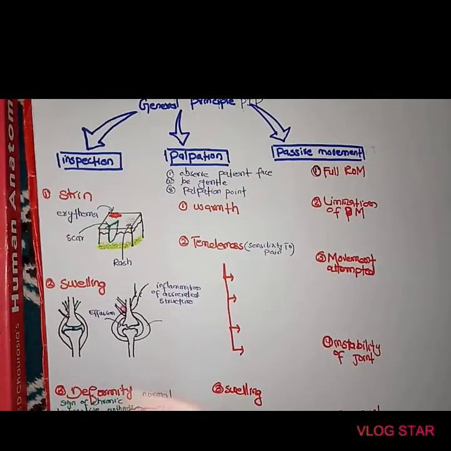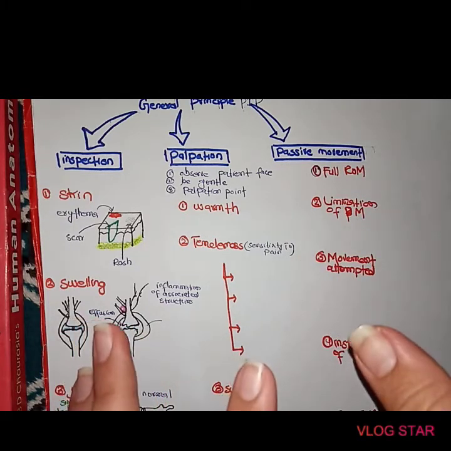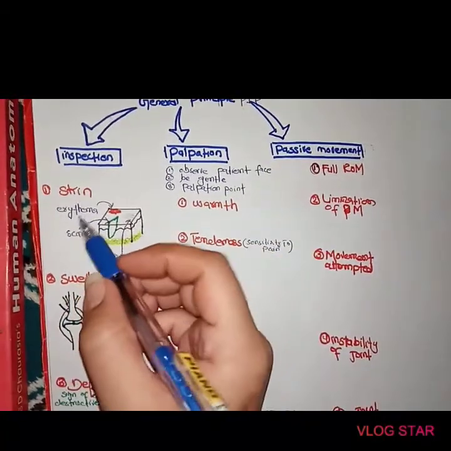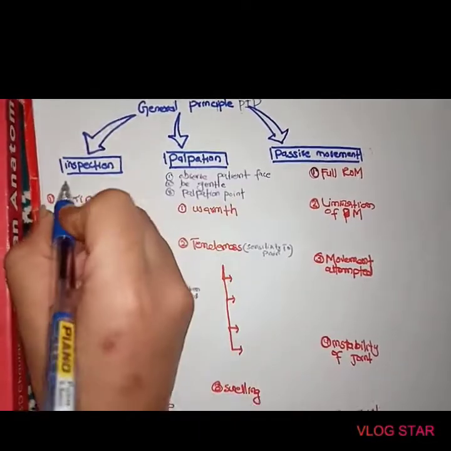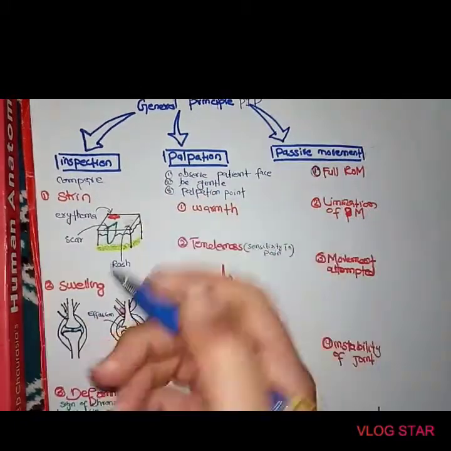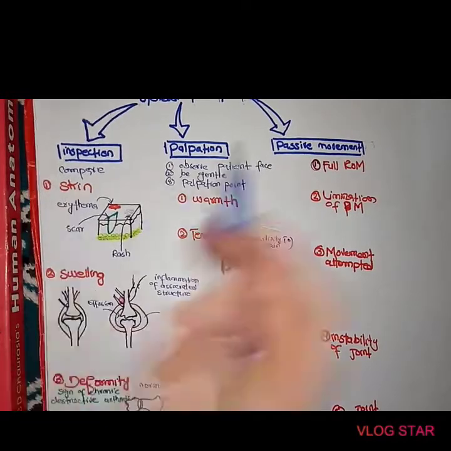This is because when you compare both sides of the joint, you can easily find any abnormal structure or abnormality in the joint. First of all, during inspection, you have to compare both sides of the joint. Then you have to observe the skin.